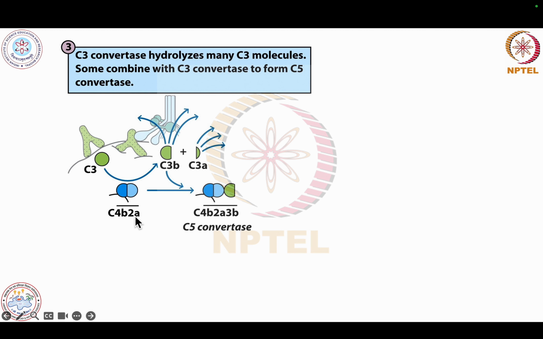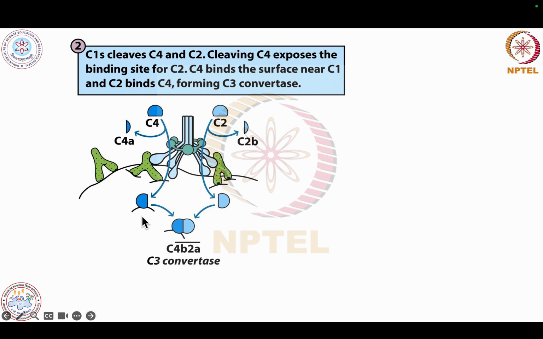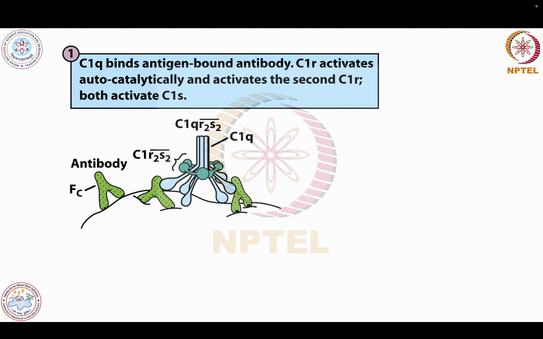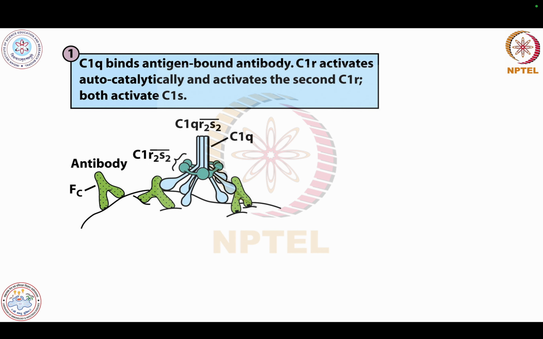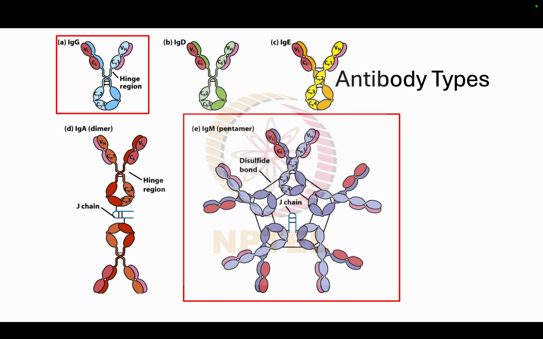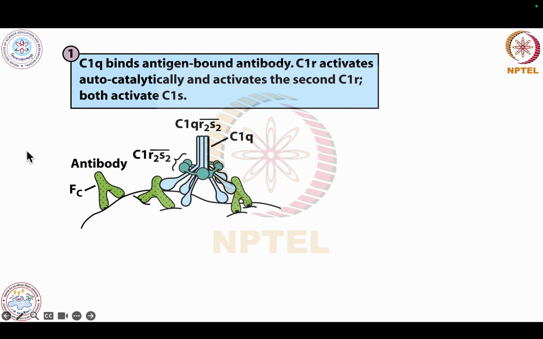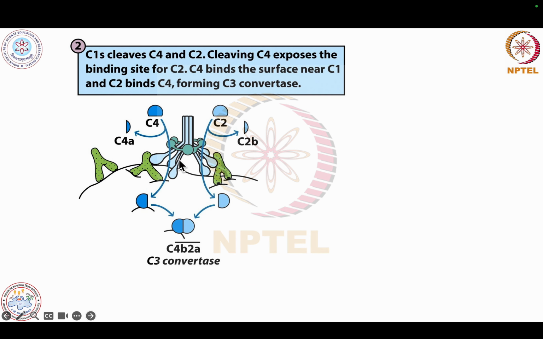So C4b C2a. Once you read it once, you need to see some videos, diagnostic videos from where these pictures have been taken. Once you understand, it will be taken up by your brain. So what happens is that after C1, it cleaves C4 and C2.